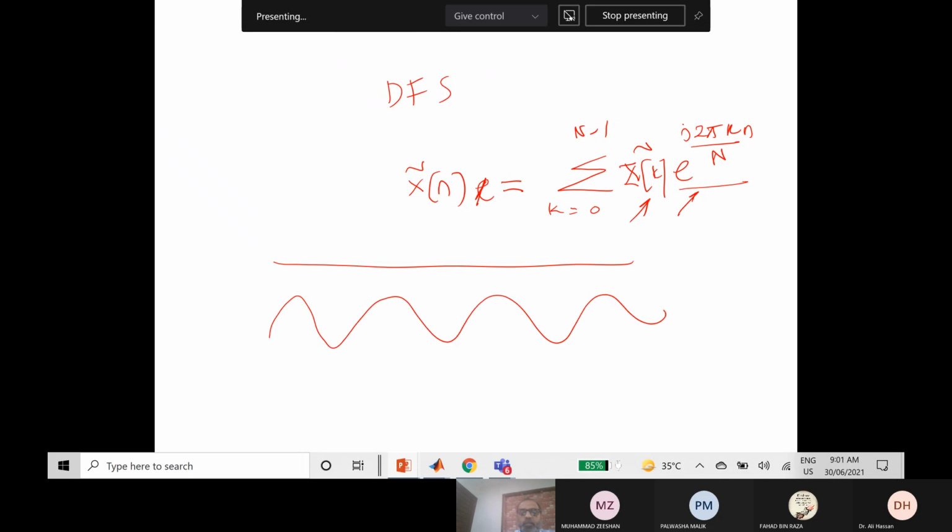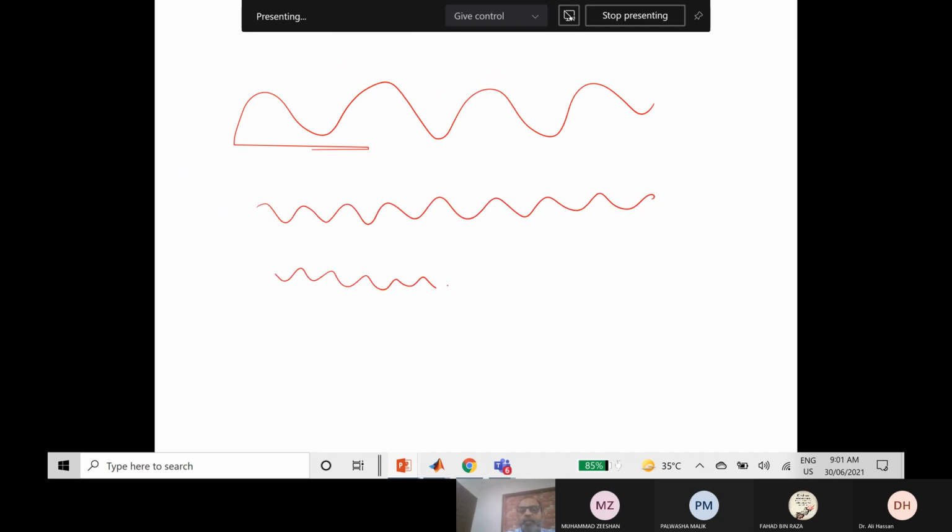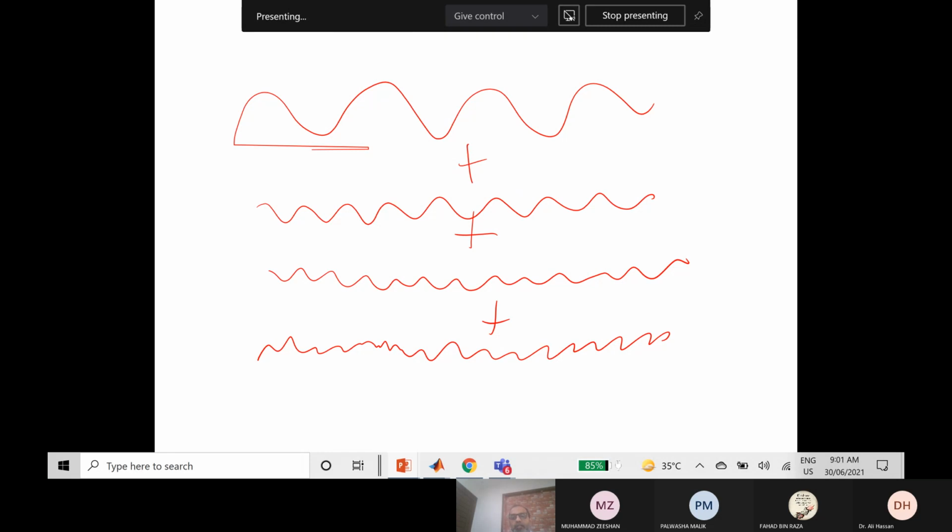K is equal to 2 is the second harmonic, then the third harmonic, then the fourth harmonic. And these are sines and cosines with different amplitudes and phases. In this case, they are discrete, and once you add them together, they make the shape of the signal.